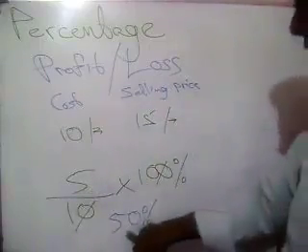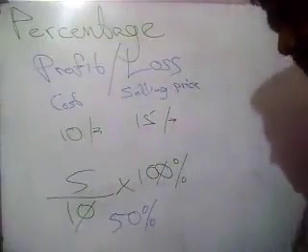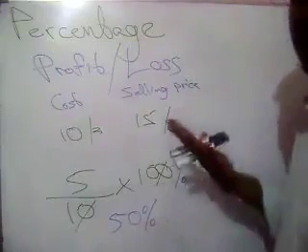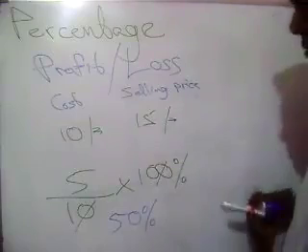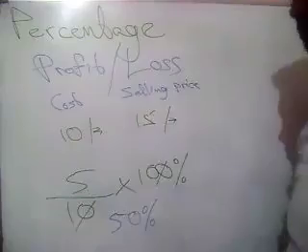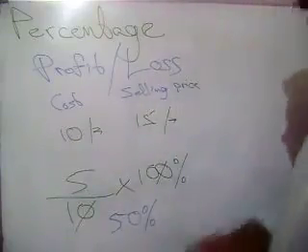So this 5 rupees profit was 50%. So why do you need to express profit or loss as a percentage? Why is that necessary? Why can't you just say, okay, I made a profit of 5 rupees, or I made a profit of 50 rupees, or I made a profit of 100,000?